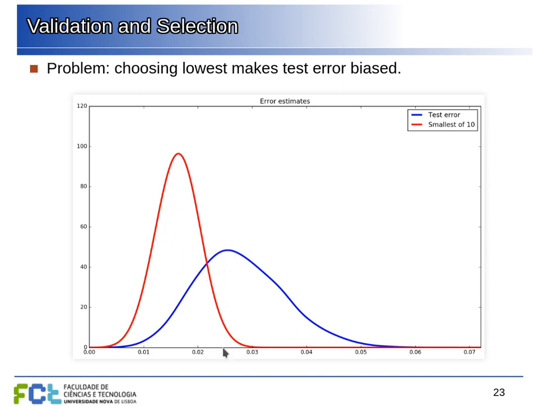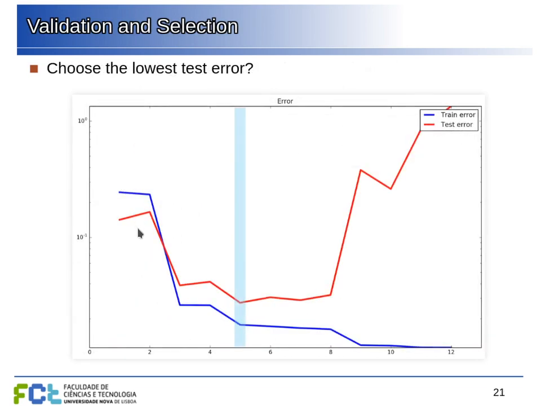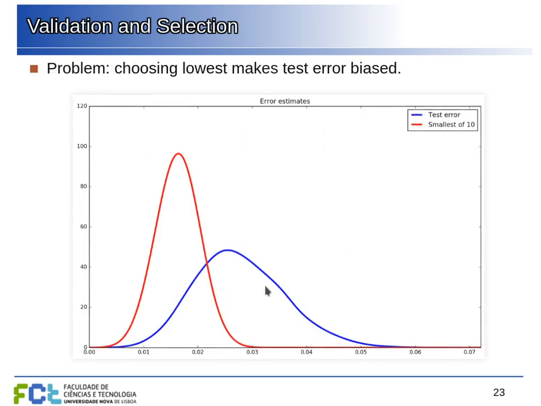Its average is around the true error. So some of them may be a bit high, some of them may be a bit low. There is some variation here, but they are unbiased. The odds of getting a test error that is larger than the true error are the same as for getting a test error that is smaller than the true error.